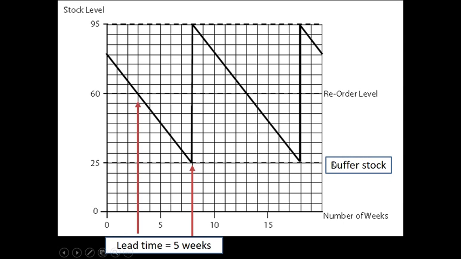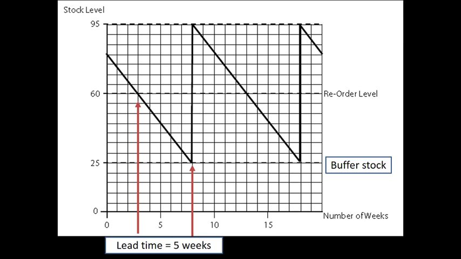That's known as the buffer stock level. If you think about trains, the buffers at the end of the track will prevent the train from crashing and causing damage. So in the same way, buffer stock is like the safety stock that an organisation keeps in case of issues, problems, unexpected changes in demand.